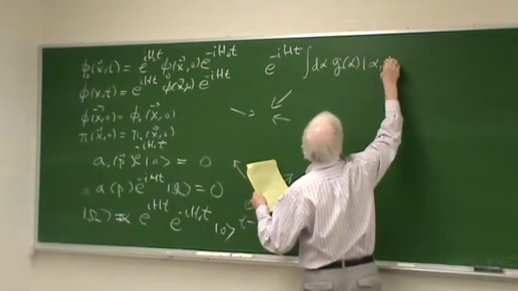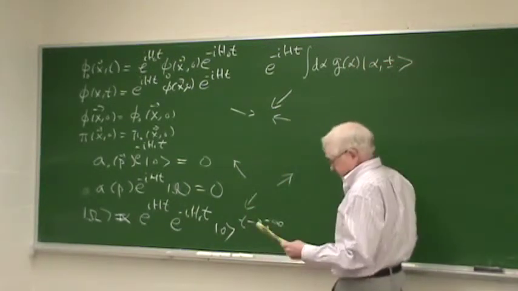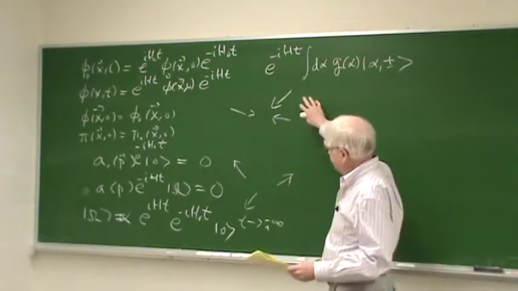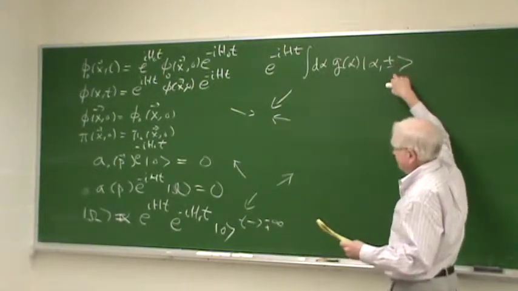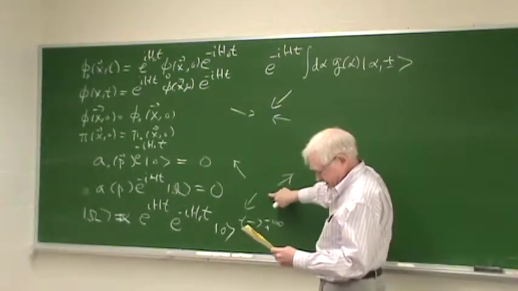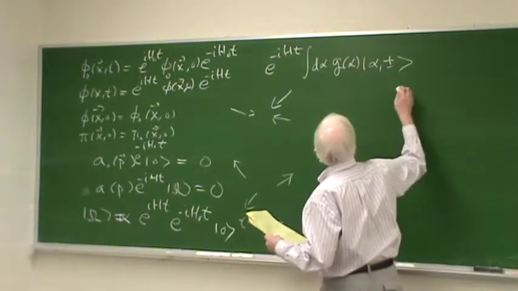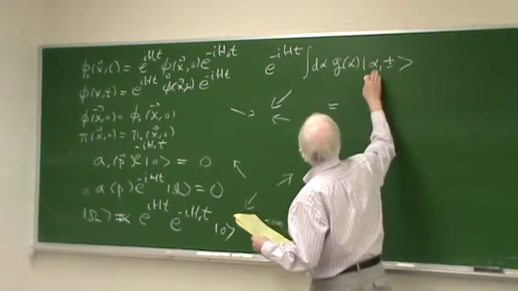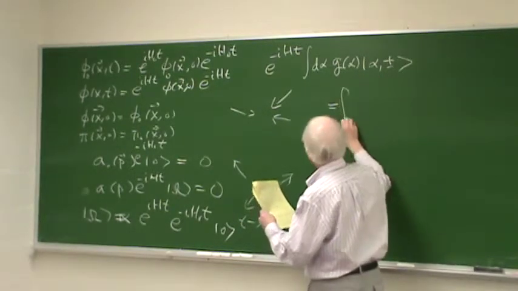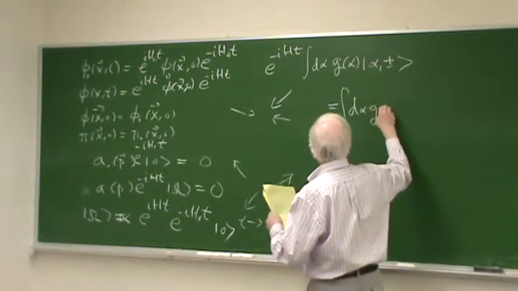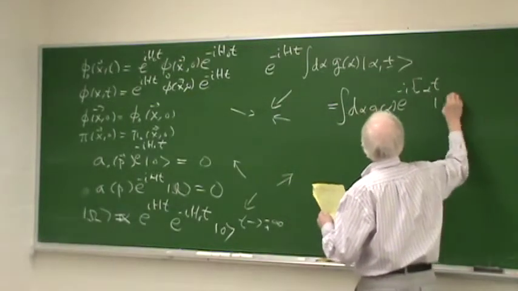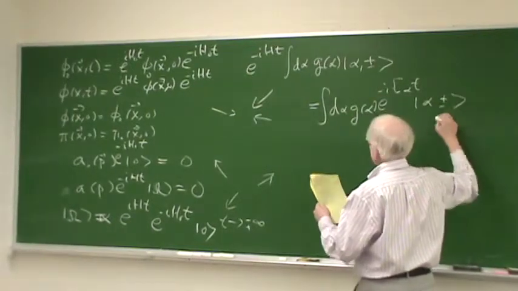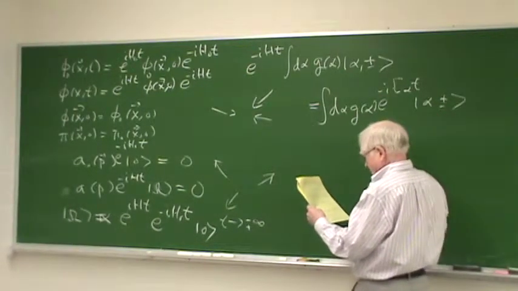Then alpha plus or minus are these in states of the interacting theory. Plus and minus mean the interacting states in the future and past. And so these are eigenstates of the full Hamiltonian. So this is the integral d alpha, g of alpha, e to the minus i E alpha t, alpha plus or minus. So these are the interacting ones.